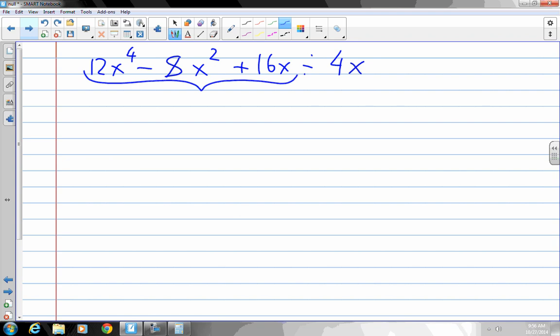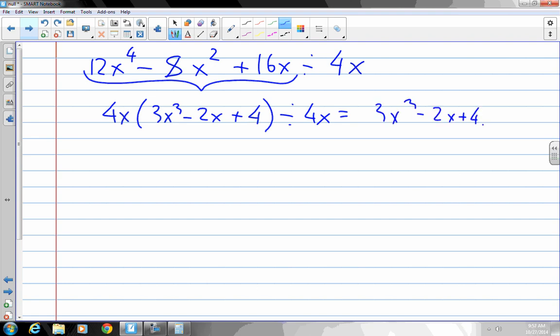What is the common factor in that dividend? Yeah, I can pull out 4x, and that is 3x cubed minus 2x plus 4, and I am dividing it by 4x. What do you think the answer is? Do I need to do the long division? Yeah, the 4x cancel, so you're right. So you just get 3x cubed minus 2x plus 4.